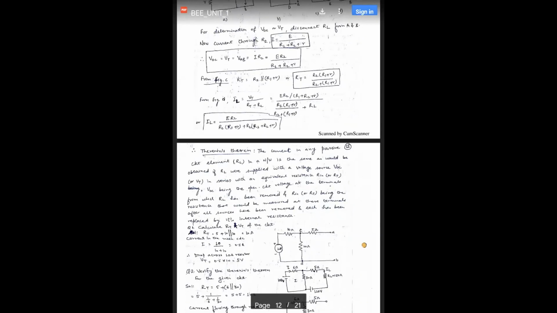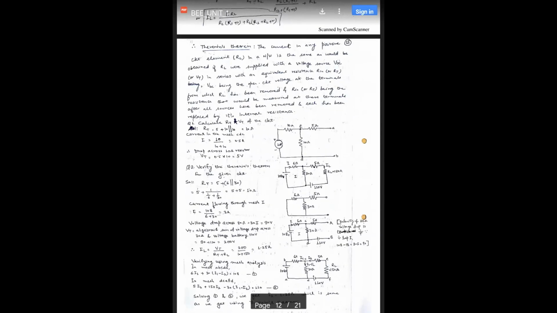Then we have to calculate the Thevenin resistance. In Thevenin resistance, what we have done, the load resistance will be absent as earlier, and also the EMF sources will be short circuited. So in here we can calculate the Thevenin resistance. Now, since we are having the Thevenin resistance and the load resistance, Ohm's law is easily applicable and derived as shown.